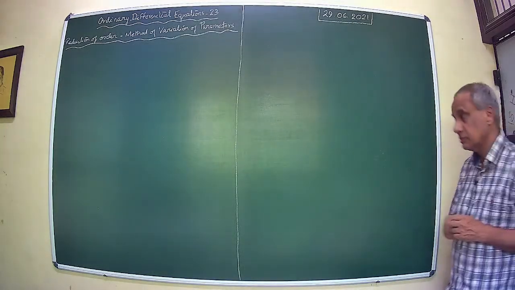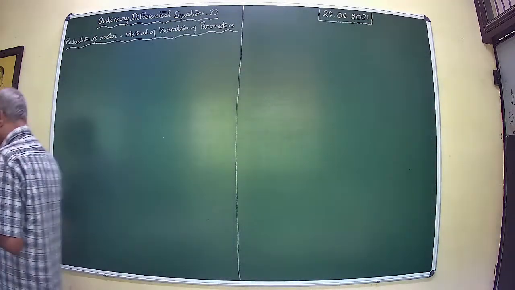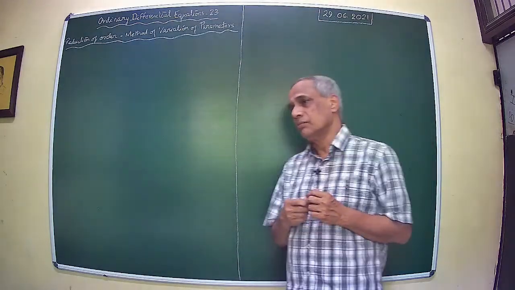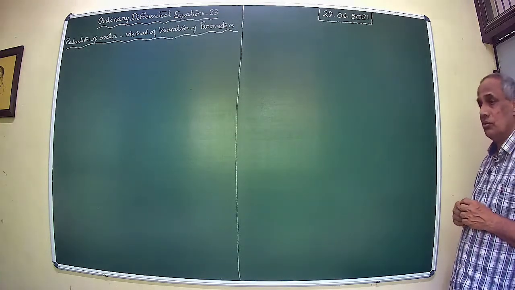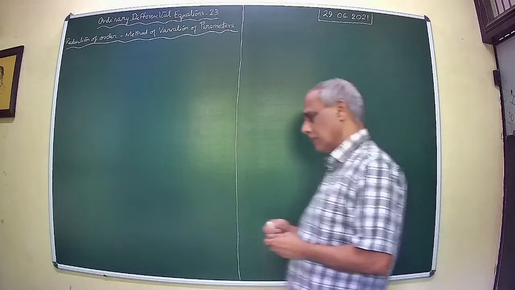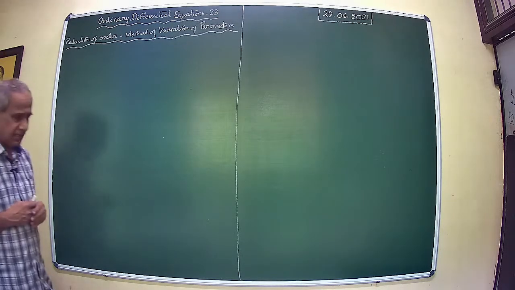So good morning. We look at the problem of reducing the order of a homogeneous linear differential equation, provided we know somehow one solution, or more generally, suppose you know k solutions where k is less than the order of the differential equation.